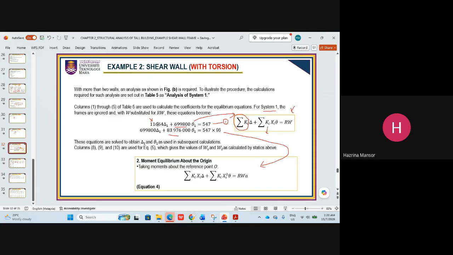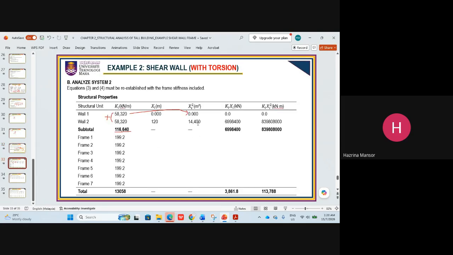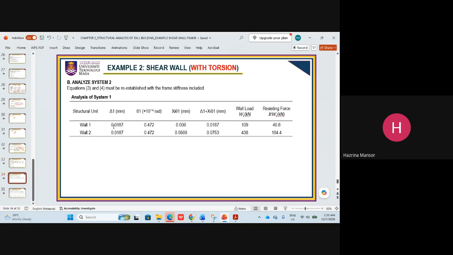So when you have this equation, you can use your calculator to solve and get your delta 1 and rotation 1. So from here, if you calculate the equations, you will get your delta 1 and your rotation 1.